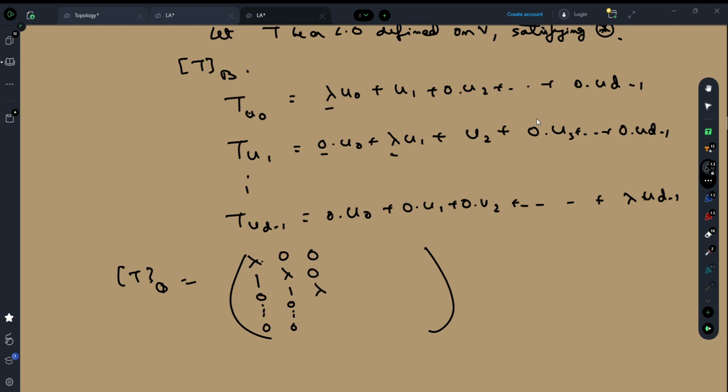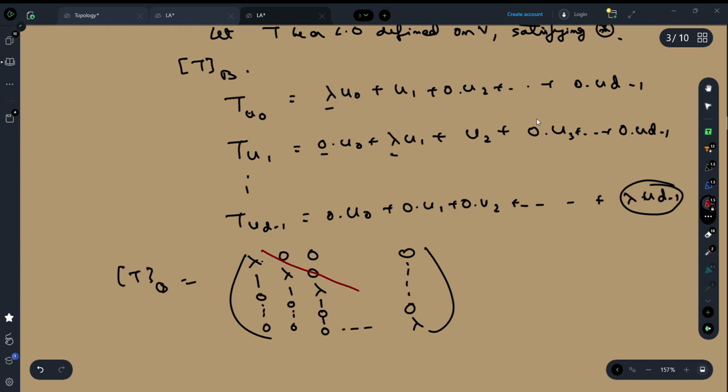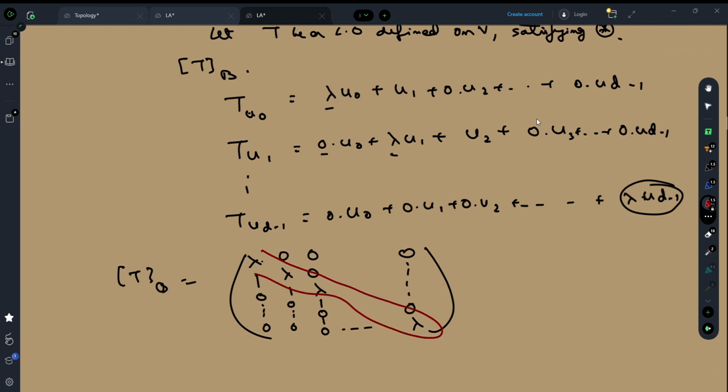So we have 0 here, then lambda here, then 1 here and all the other elements are 0. The diagonal completely consists of lambda, which is evident from this d minus 1 position. The complete diagonal contains the eigenvalue lambda and the super diagonal entries are ones, right?